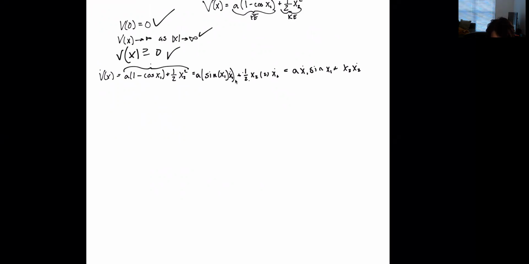Okay, so now let's plug in x1 and x2. So again, x1 dot is equal to x2, and x2 dot is equal to minus a sine of x1, so this guy is equal to 0.